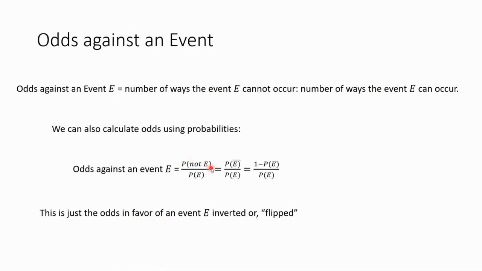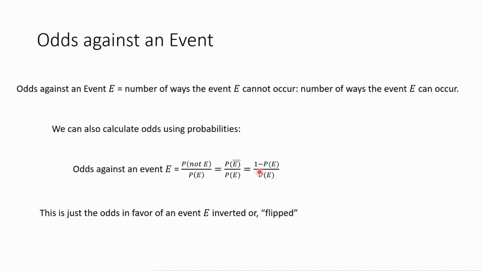It's just the probability of not E occurring divided by the probability of event E occurring. Or again, the probability of the complement divided by the probability of the event E occurring. And just like before, the probability of the complement is 1 minus the probability of event E occurring. And again, it's just the odds in favor of flipped, turned upside down, so to say.